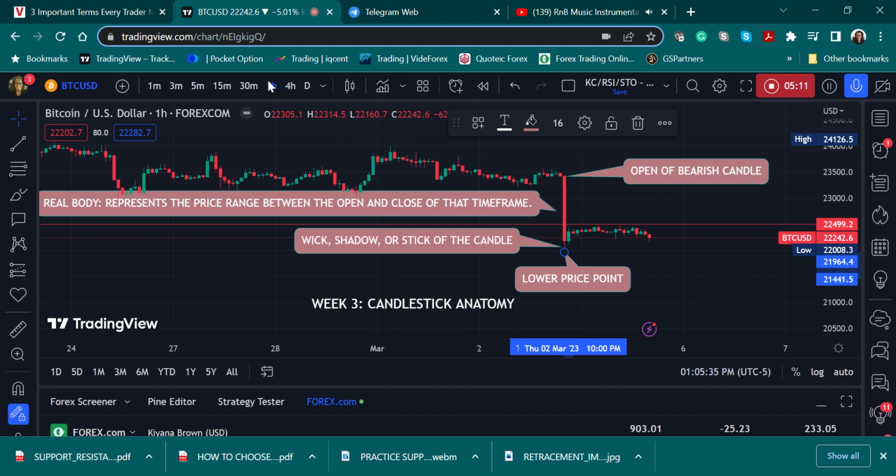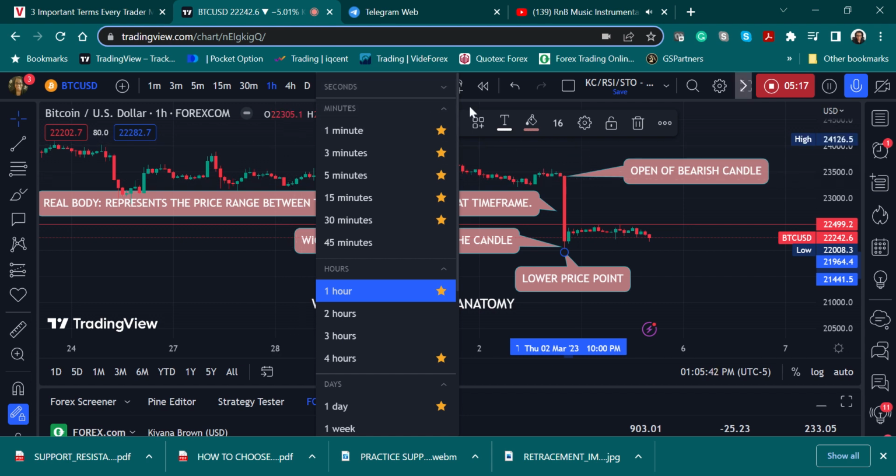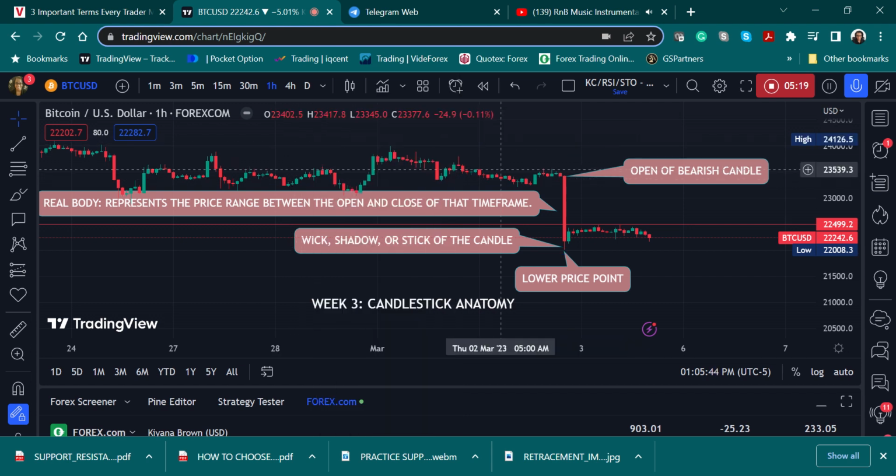These are time frames: we have minutes, hours, days, months, and years. And you have the wick, which are these points that poke out. This would be an upper wick, and this would be a lower wick.